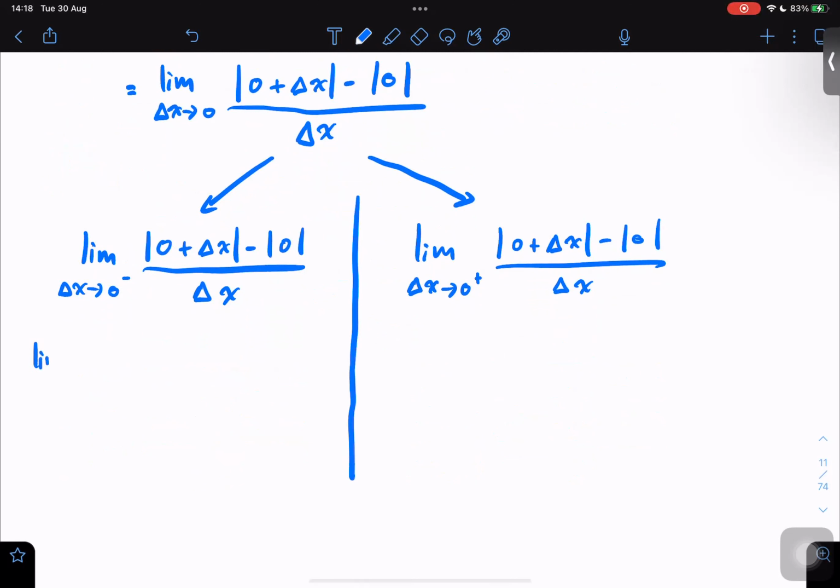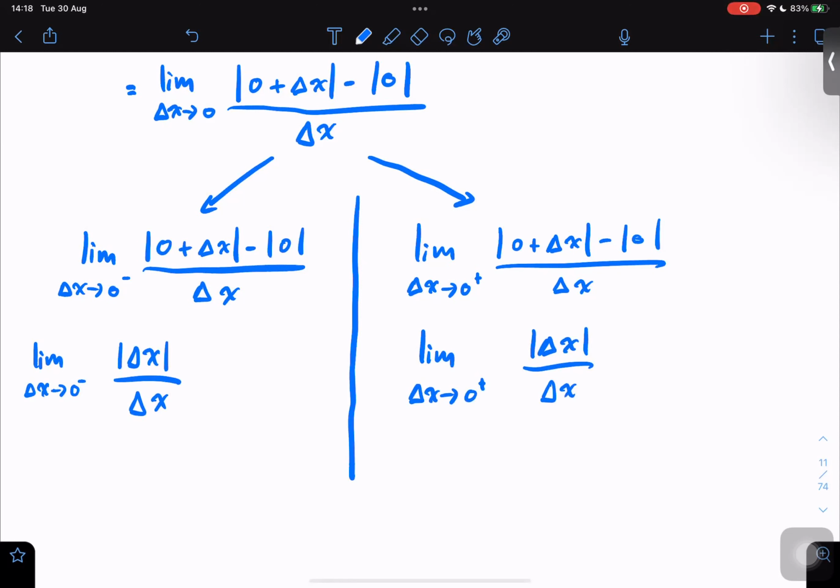So this will become the limit of delta x approaching 0 from the left of the absolute value of delta x over delta x, right? And this will become the limit of delta x approaching 0 from the right of the absolute value of delta x over delta x.